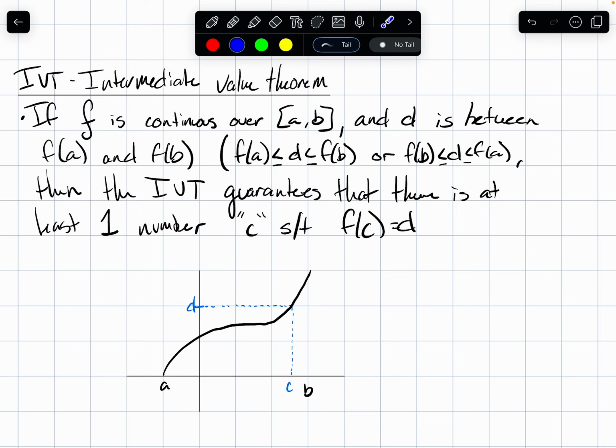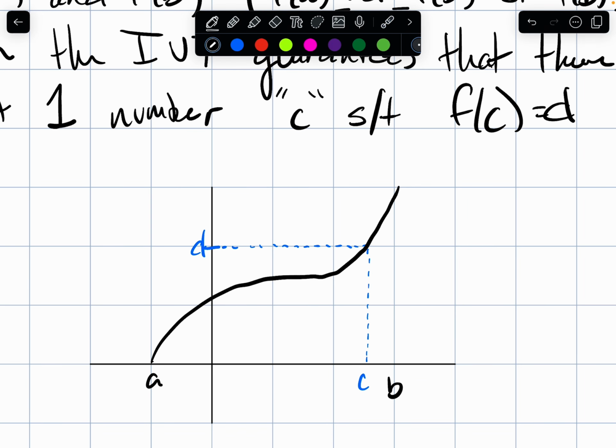So if f, a function, is continuous over a closed interval from a to b, and d is between f of a and f of b. So it's important to note that d is a y value, f of a is a y value, f of b is a y value. So this is f of b, and this is f of a. We could obviously see that d is between these two values, so that's kind of what we're looking for there.